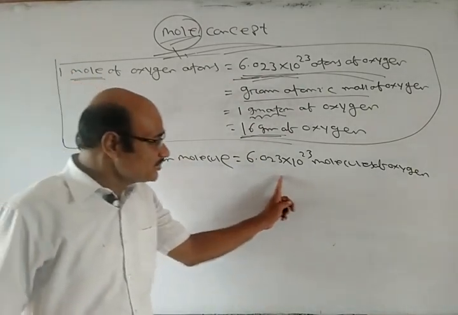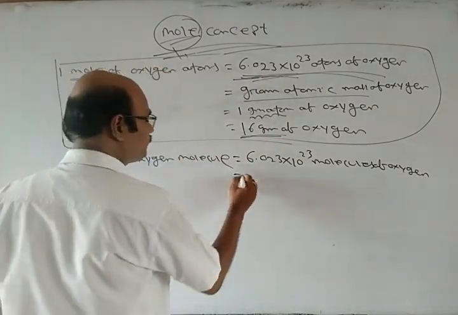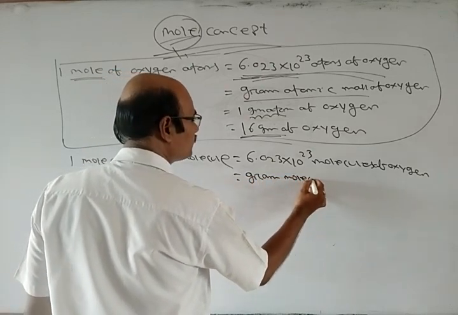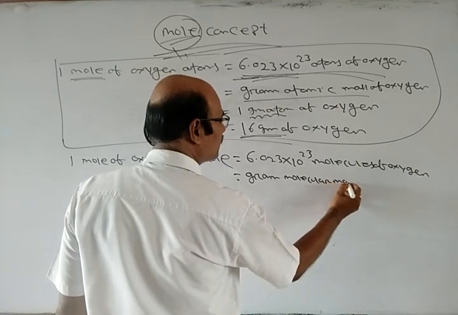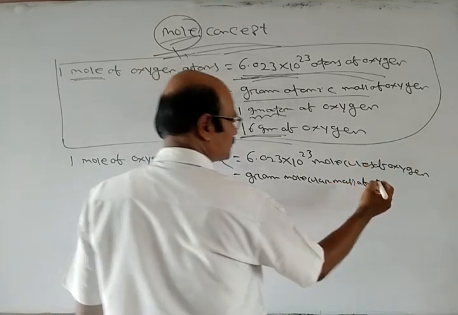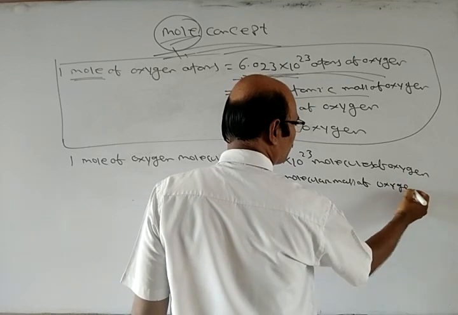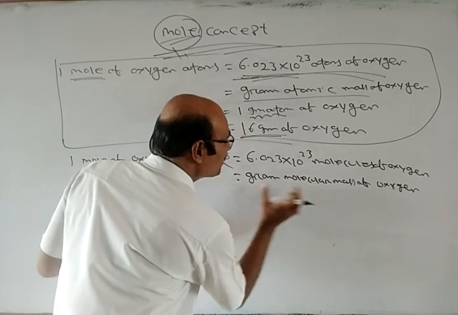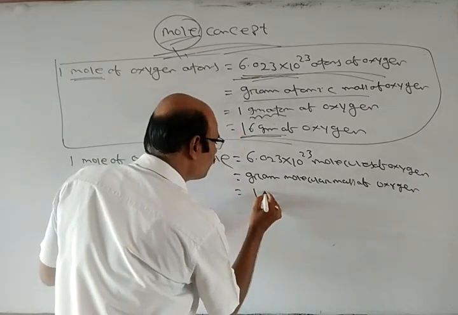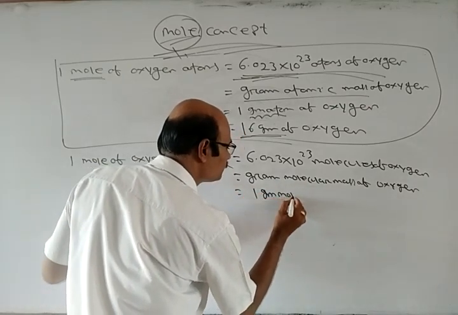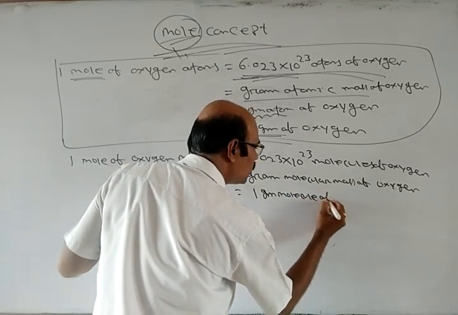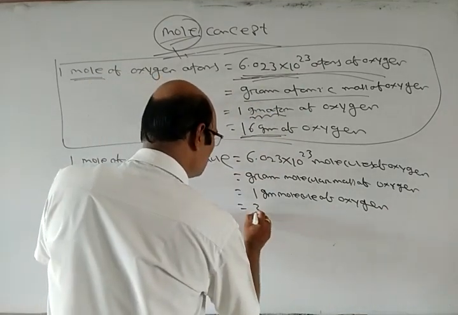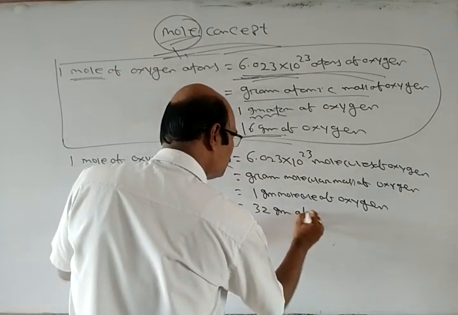And this much molecules of oxygen is equal to what? Gram molecular mass of oxygen. Okay. Now gram molecular mass is equal to 1 gram molecule of oxygen. And this is equal to what? 32 gram of oxygen.